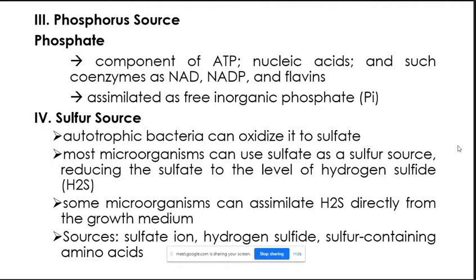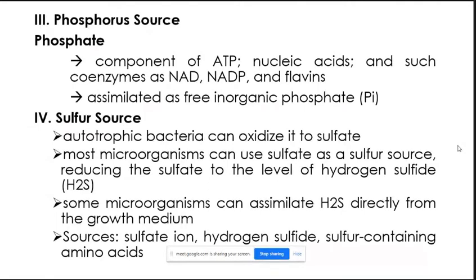So, phosphorus source, di ba na-mention natin kanina, you also have the phosphate and sulfur. So that phosphate as a component of your energy, source of energy, ATP, which is for nucleic acids and coenzymes like your NAD and NADP and flavins. And your sulfur source, autotrophic bacteria can oxidize it to sulfate.